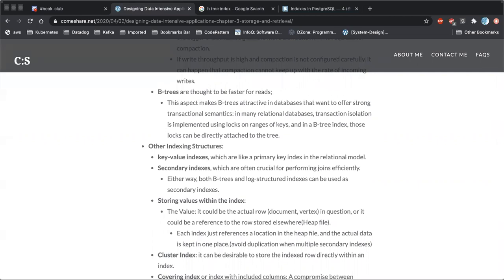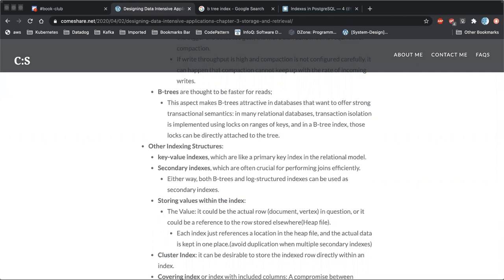The advantage of B-tree is that each key exists exactly in one place in the index, whereas in a log-structured engine we have multiple copies. I think that's definitely a true advantage. The other point I had on downsides of LSM is compaction.